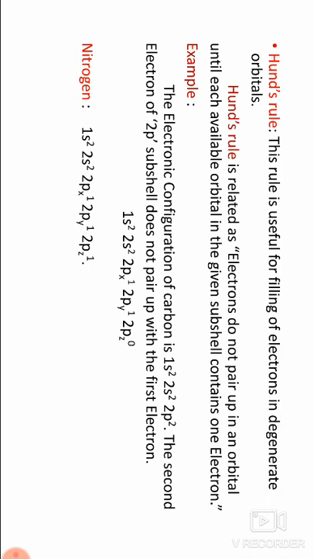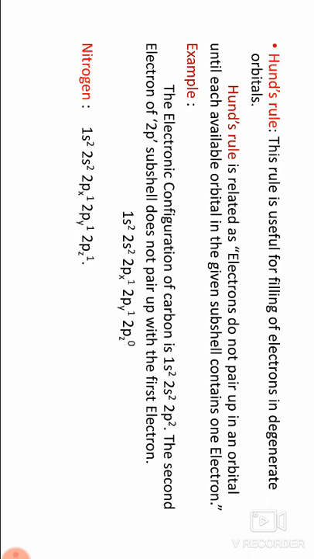For example, the electronic configuration of carbon is 1s2 2s2 2p2. The second electron of the 2p subshell does not pair up with the first electron. So carbon has 2 unpaired electrons. Similarly, nitrogen has 3 unpaired electrons.